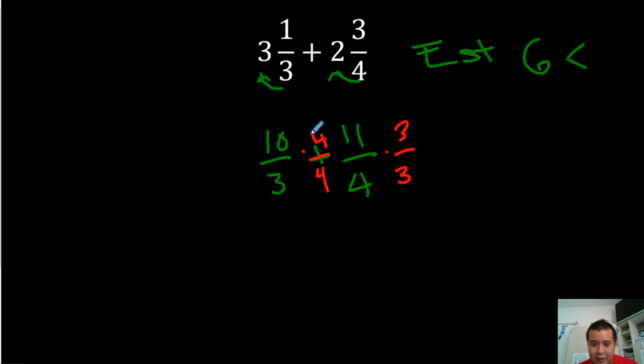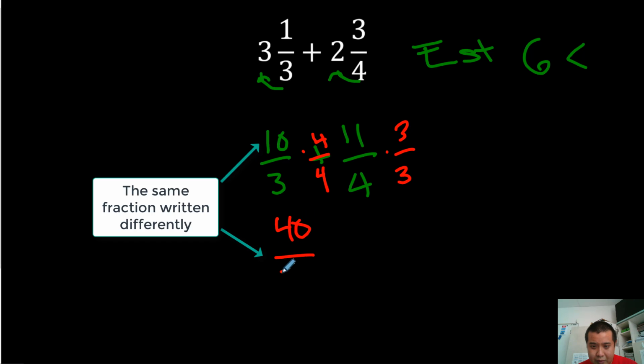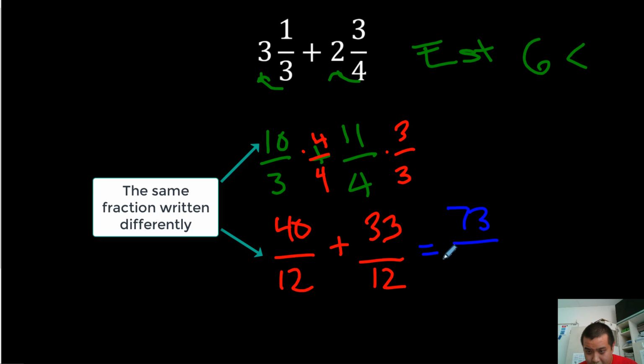And we can get 10 times 4 is 40 over 12, plus 11 times 3 is 33 over 12. Now we can start adding those two together because they have common denominators of 12. When we do that, we get 40 plus 33 is 73 over 12.